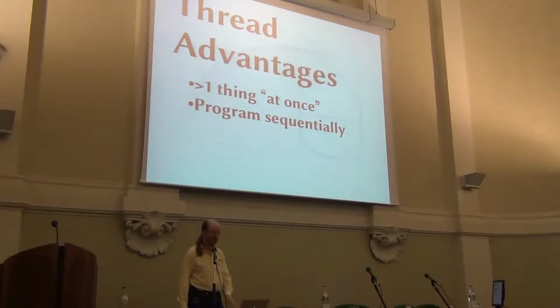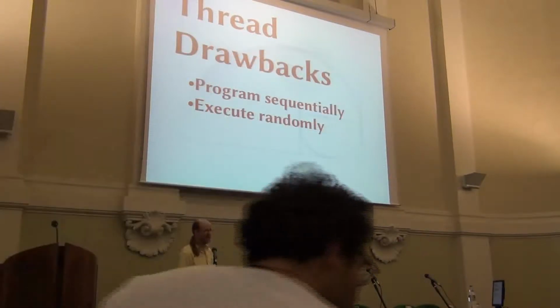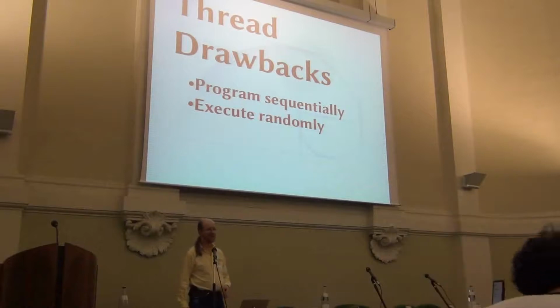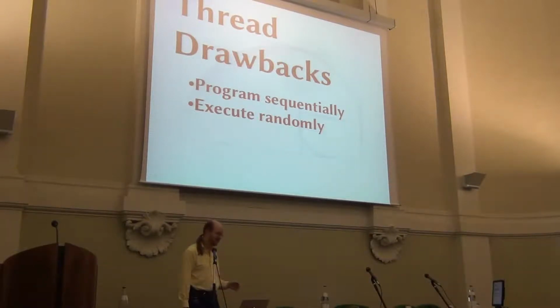But there's also some drawbacks to threads. You program sequentially, but you basically execute randomly. Okay, randomly is a little bit of an overstatement. But nevertheless, each thread executes its operations in order, but the number of possible ways that the threads can line up and order their operations relative to each other is near infinite, because almost anything by default is allowed.